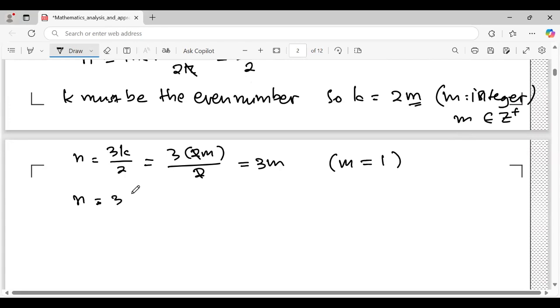So n becomes 3 times 1, which is 3. So the smallest positive integer occurs when n equals 3.